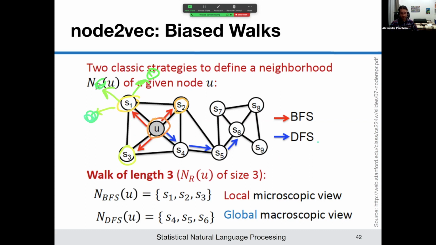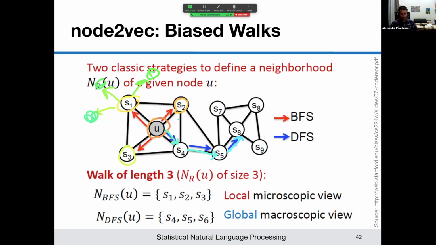While in depth first search, you're going to move in a certain direction, abandoning and postponing the exploration of direct neighbors, right? And the strategies inherently yield different kinds of contextual walks, random walks.